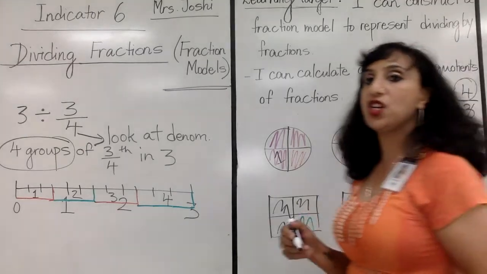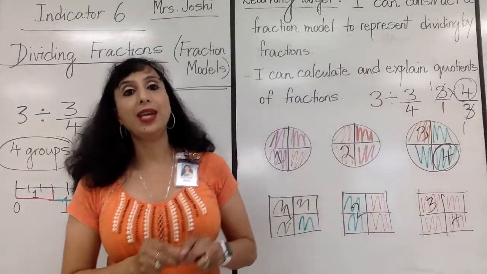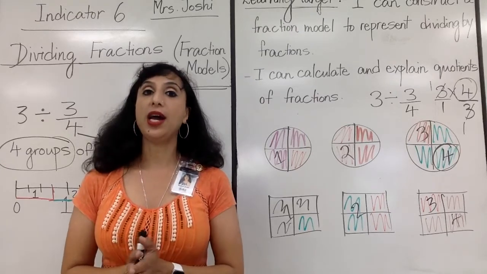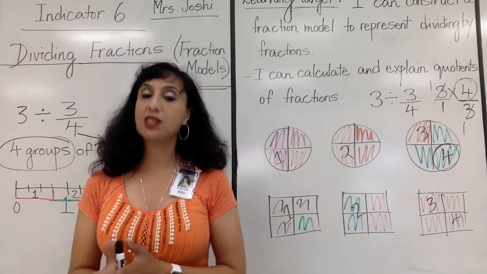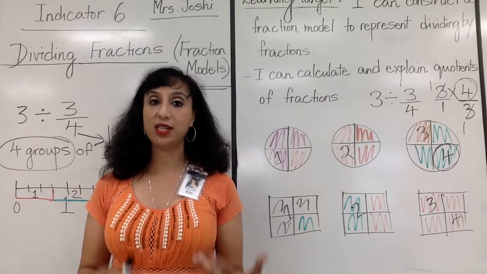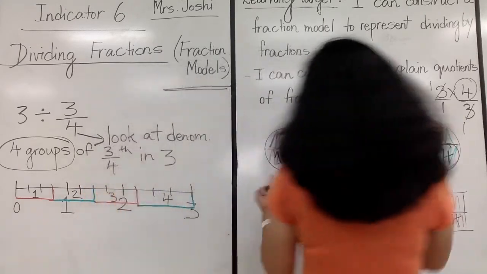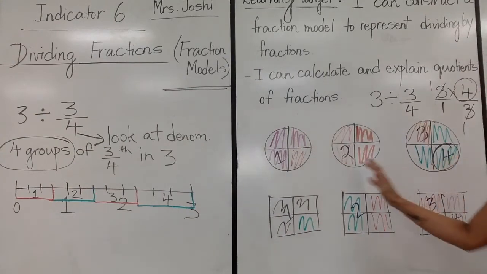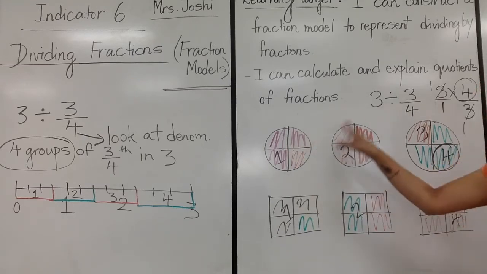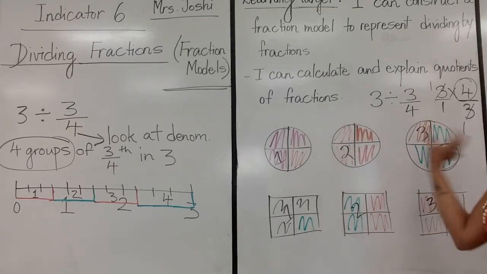So as you can see, make sure that you check your work with division, but you will be required to draw and show those models, or you might be given models and you should be able to look at that and know what is divided by. Because if I look at this model, I know that there are 3 circles, and each is divided into 4. So 3 is my whole number, just looking at how many circles or wholes there are.